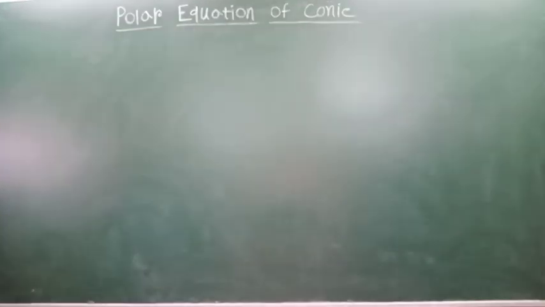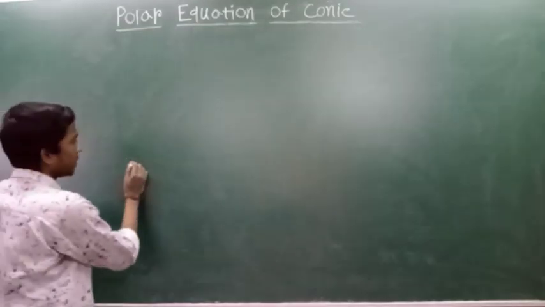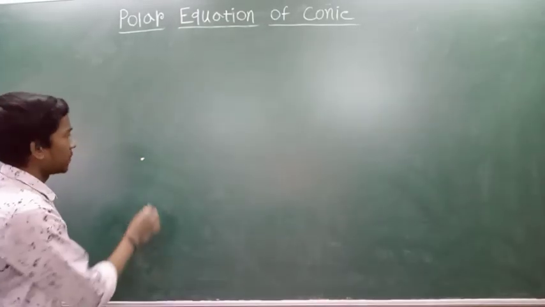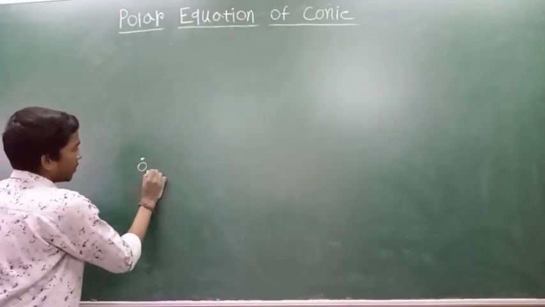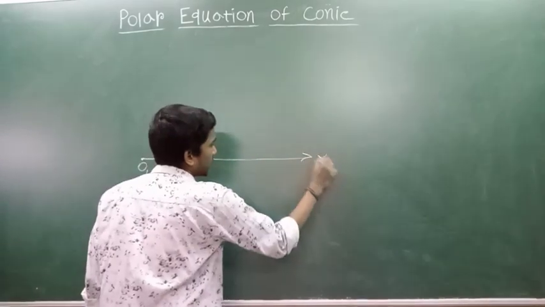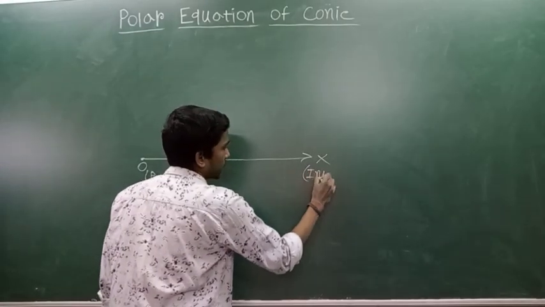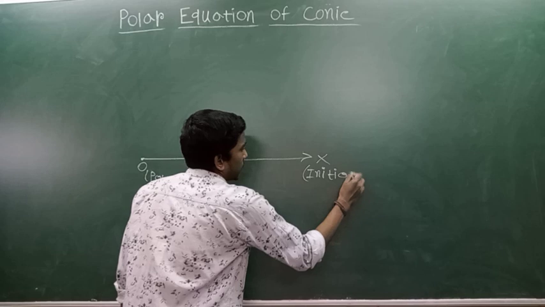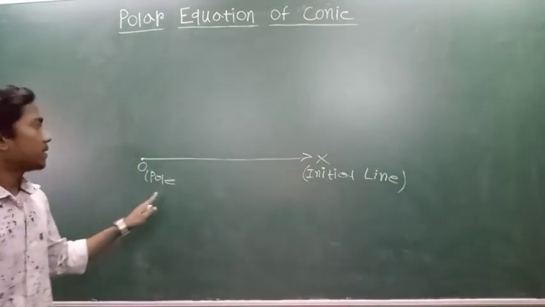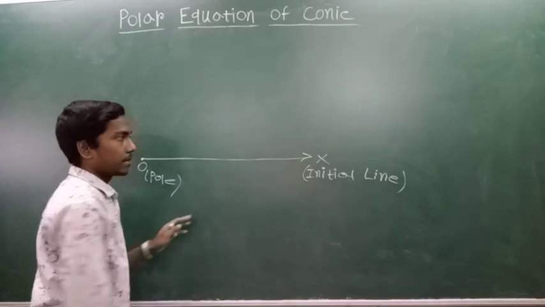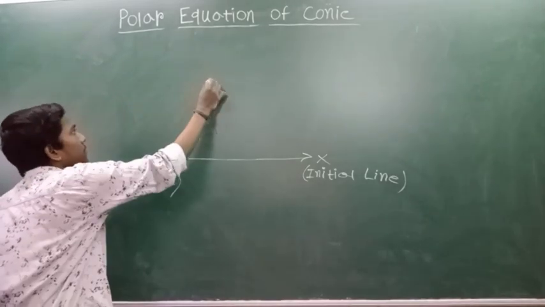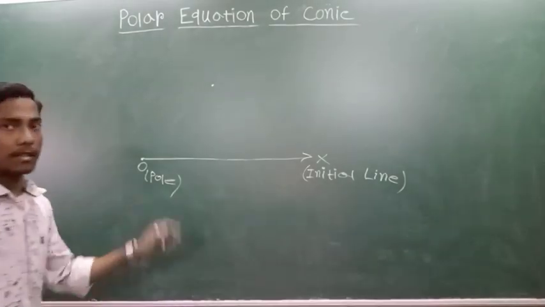For those who don't know about polar coordinates, there is a fixed point O which is called the pole, and a fixed line OX which is called the initial line. With respect to this reference, we can locate the position of any point in this coordinate plane.